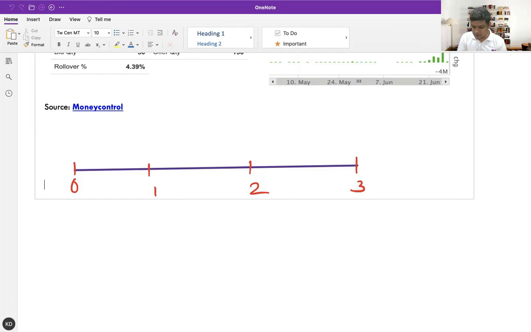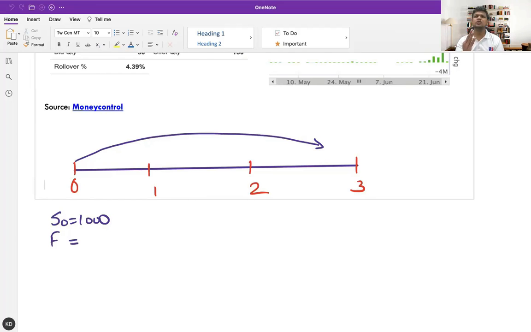So let's assume today the spot price is, let's say, 1,000. And the future price will be, how much is the time in the contract? 3 years. You can say 3 months. Okay. So if I put the rate of interest as 12% yearly, assume there is nothing paid by the stock, no dividend, nothing.